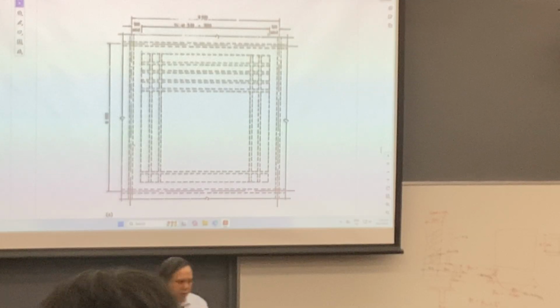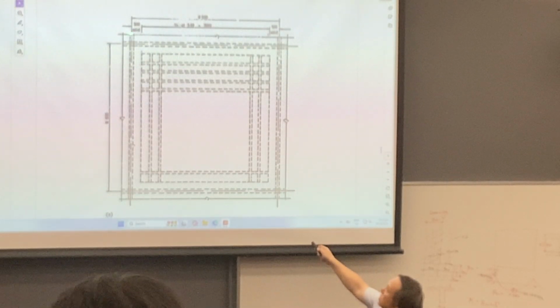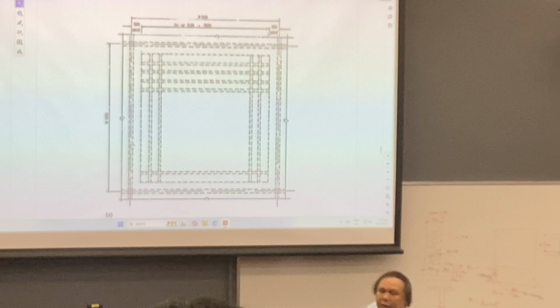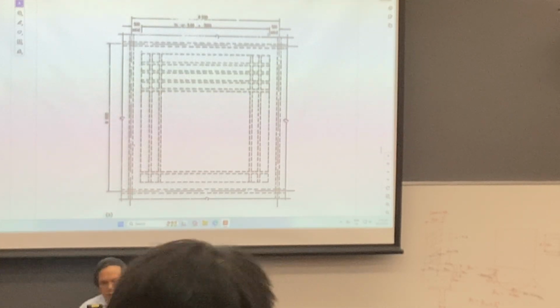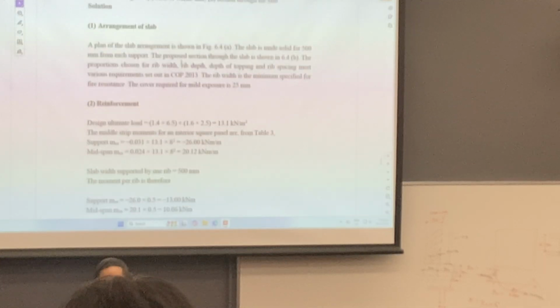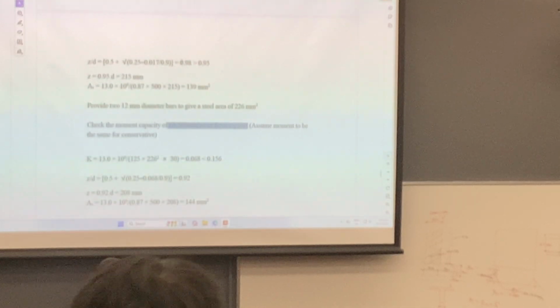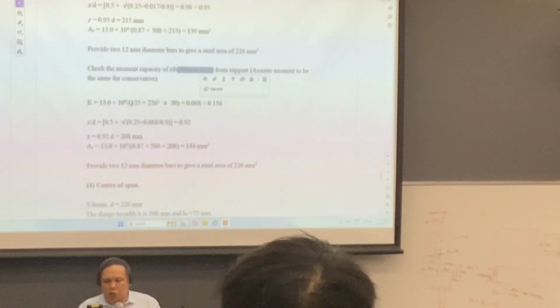Here this width reduces to 125 mm. So when you consider 125 mm away, you reduce the width to 125.